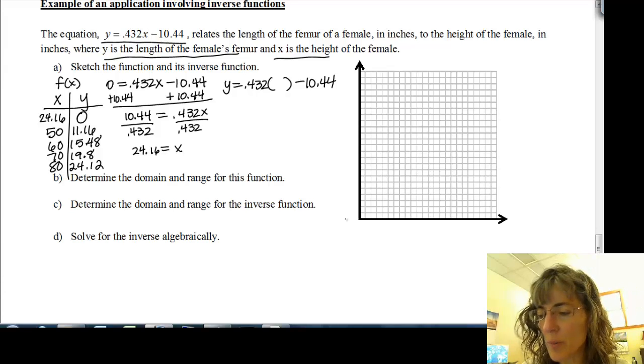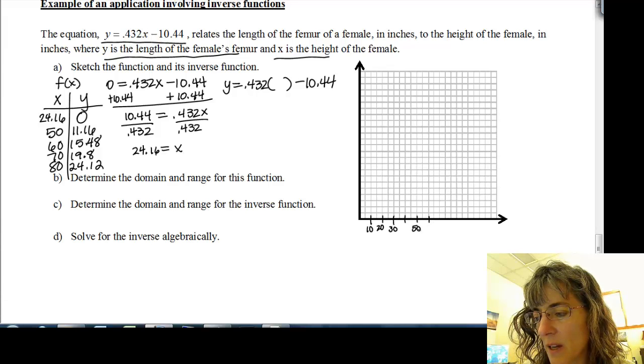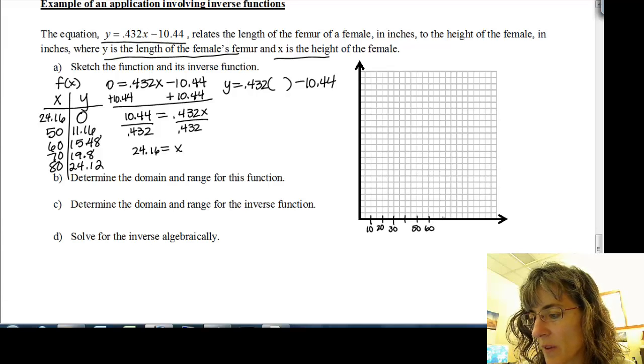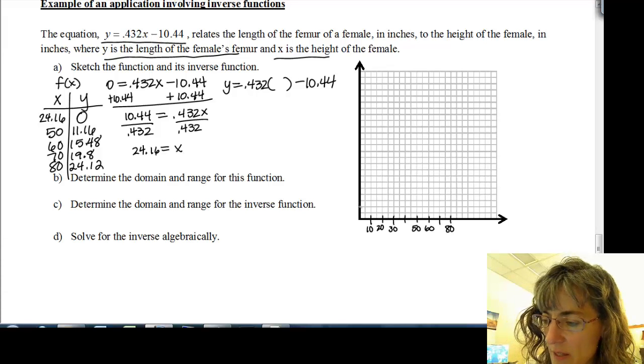And then when I do the inverse, remember I'll need up to 80 for the y part. So I'm going to use the same scale. I'm going to jump up by 5, so this will be 10 and 20, 30, 40, 50, 60, and 80. Same thing along the y-axis.